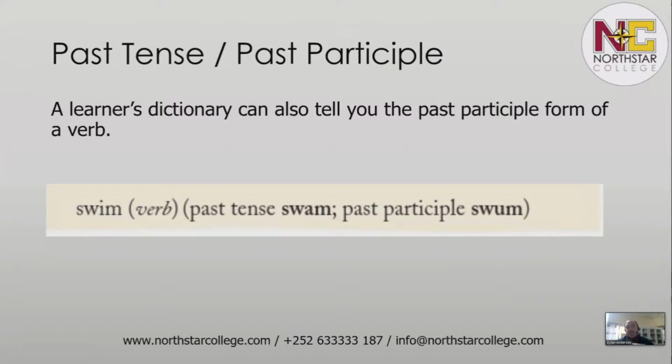In a normal dictionary, English speakers already know the past tense and the past participle, even if they can't tell you the word past participle. They know how to use those words, obviously. So you might not see those words in a normal dictionary, but a learner's dictionary will have them for you. You can really use it to your advantage.